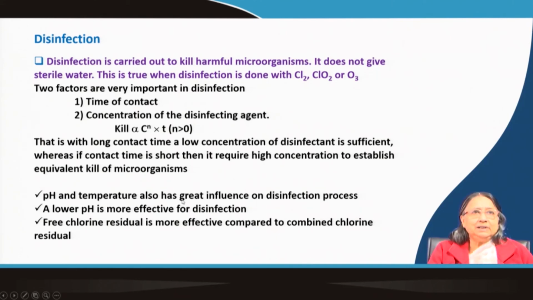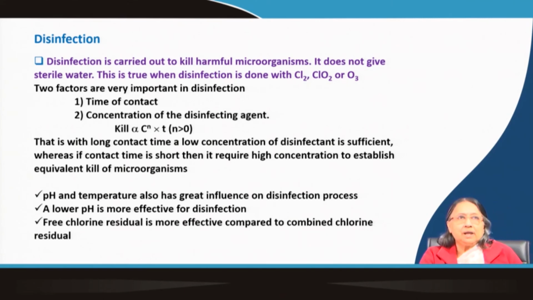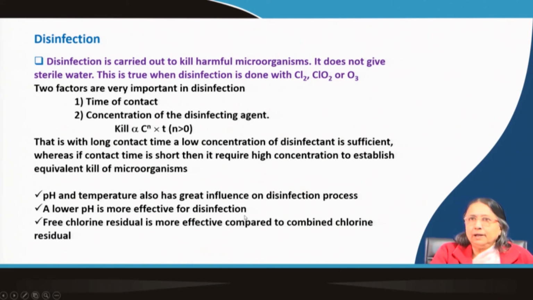Then pH and temperature also have great influence, that we have already discussed, how pH and temperature affect the disinfection, and lower pH is more effective for disinfection, but we usually do it at around 7 to 8. Okay. And free chlorine residual is more effective compared to combined chlorine residual.